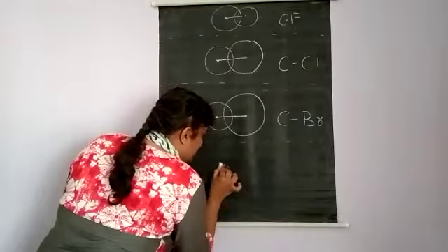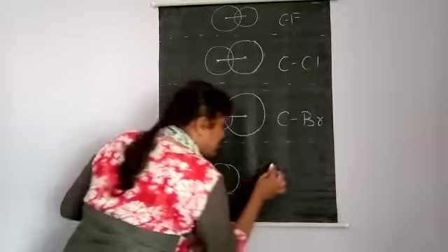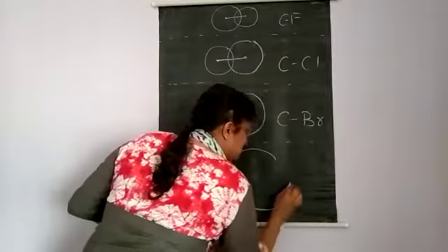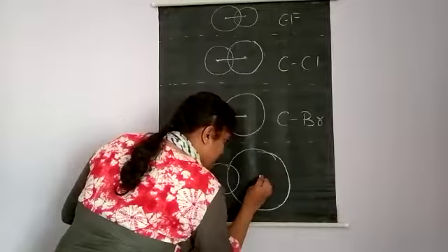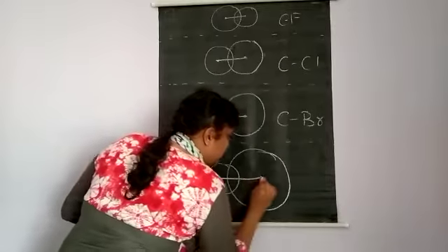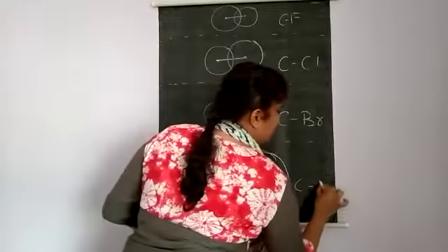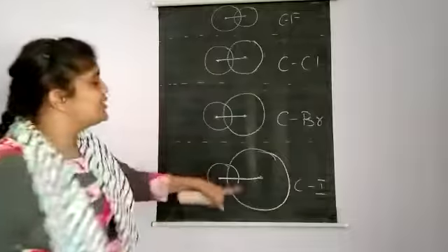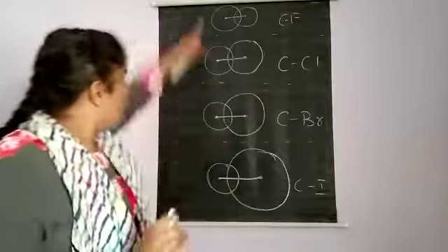Now moving on to the final one. This is carbon and I'll take this as iodine. The bond length of carbon and iodine will be the highest one among all 4 diagrams.